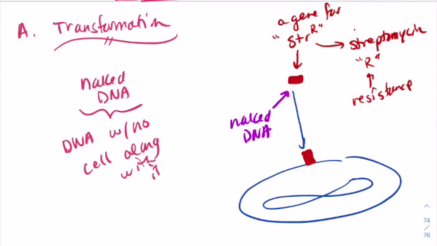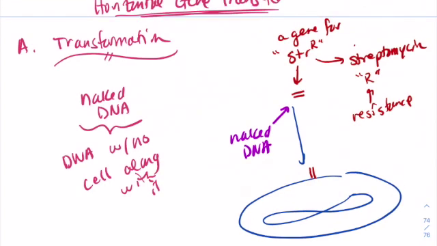Under certain conditions, this piece of DNA, and I'm going to draw it like this now, a little double-stranded piece of DNA, the cell will be able to take up this piece of DNA and basically let one strand in.